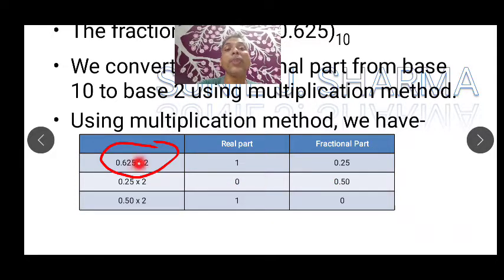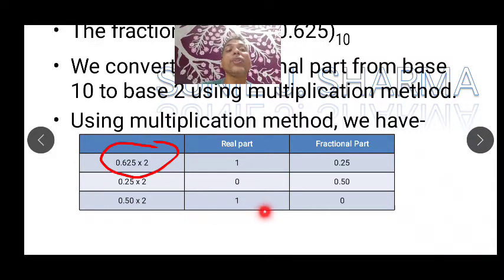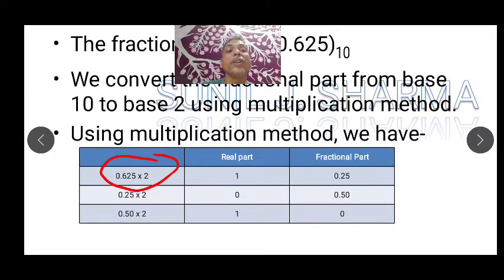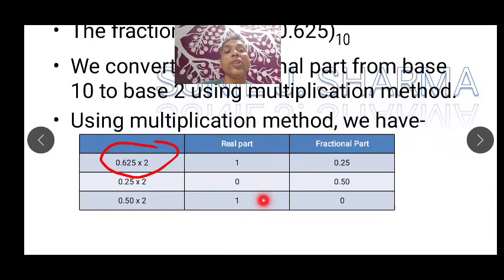But in the previous case, when we multiplied, your answer was 1.25, so that's why we took 1 from that real part. Again when you multiply 0.50 by 2, your answer will be 1.00. When we multiply again there is no use, so we will take only the real part.